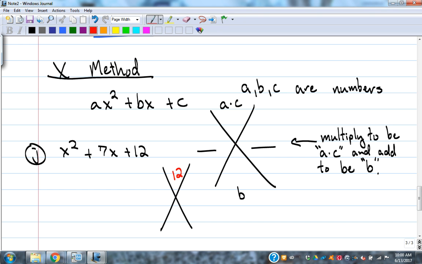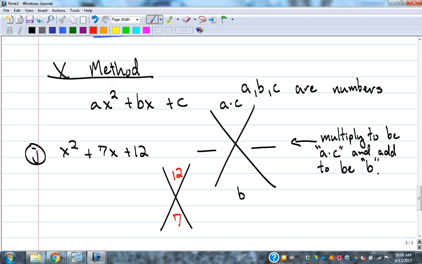In the bottom part of my X, I'm going to put whatever B is. What's B? 7. Okay? So 1 times 12 goes in the top. That's 12. 7 in the bottom. I need 2 numbers that multiply to be 12 and add to be 7. Okay? So I'm thinking, okay, what numbers do I know multiply to be 12?